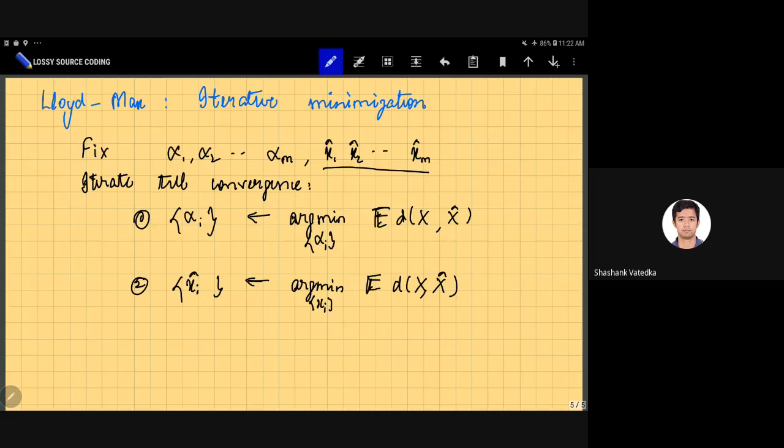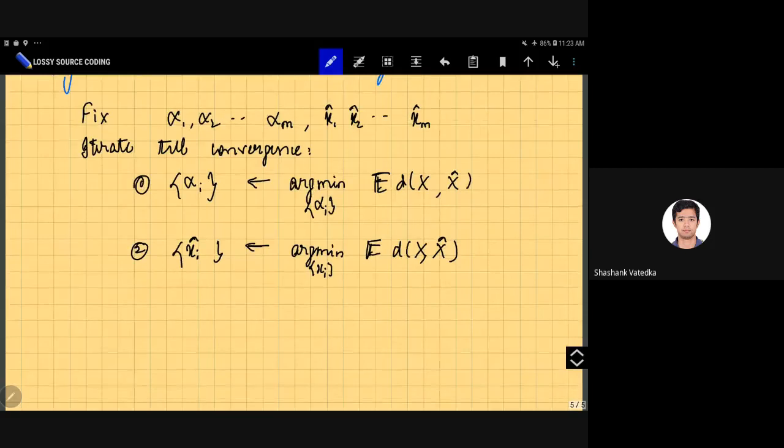We'll first keep the x hats fixed and minimize over alpha, then keep alpha fixed and minimize over x hat, and keep doing this repeatedly. So minimize over alpha, then over x hat, then over alpha, then over x hat, and so on. You keep doing this till the mean squared error does not decrease any further, and once it reaches a saturation point, you stop.